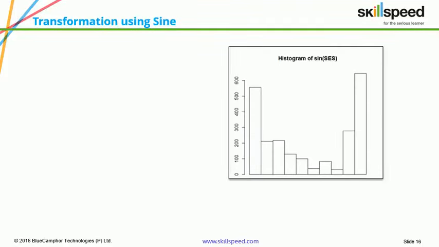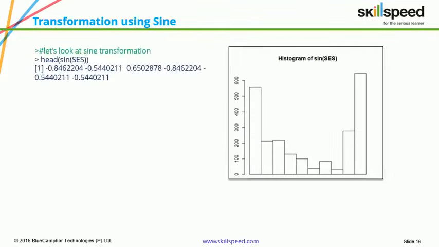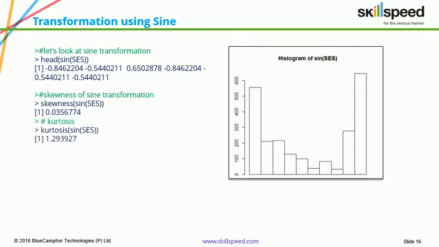Let's try the sine function. Sine function would further shrink the values and also we get some negative values over here. Well, skewness is 0.03, good by number. Kurtosis 1.29, gone for a toss.